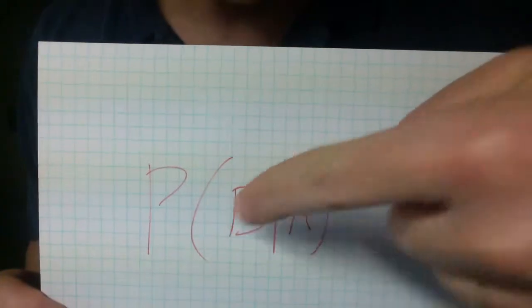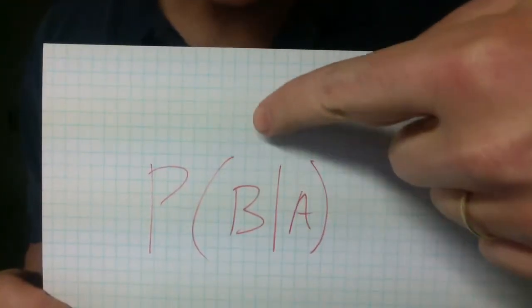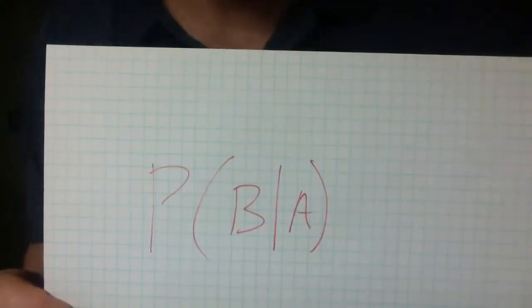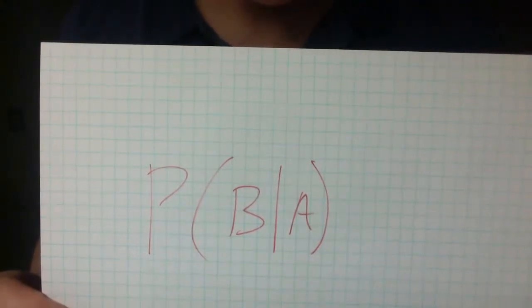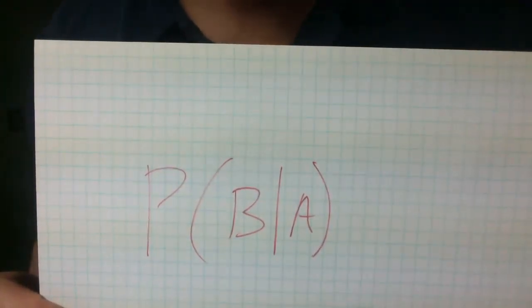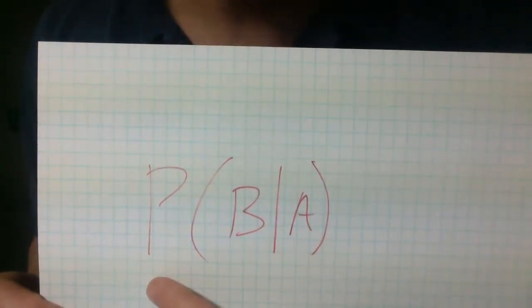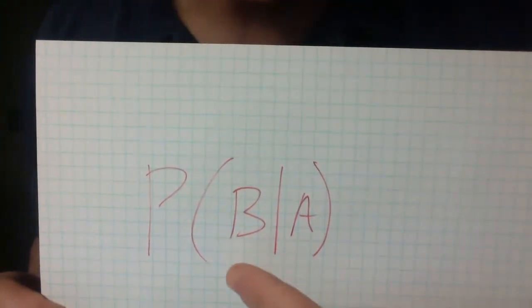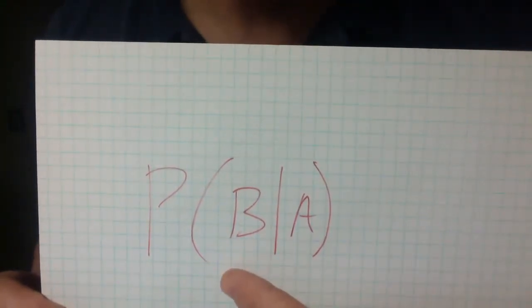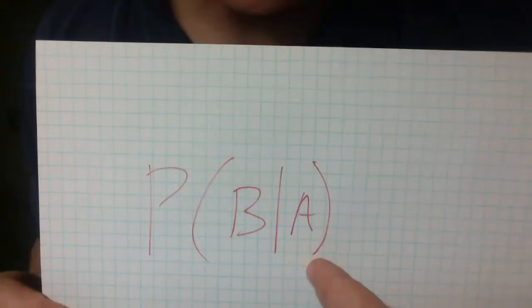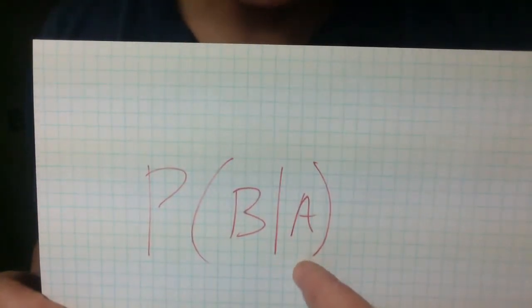This is the event B, this is the event A, and this slash means given that something has happened. So it reads the probability that the event B is going to happen given that A has already occurred.